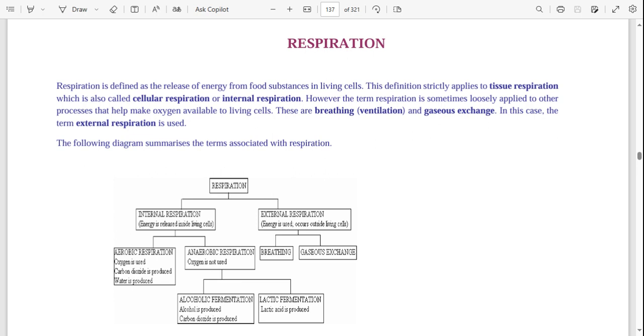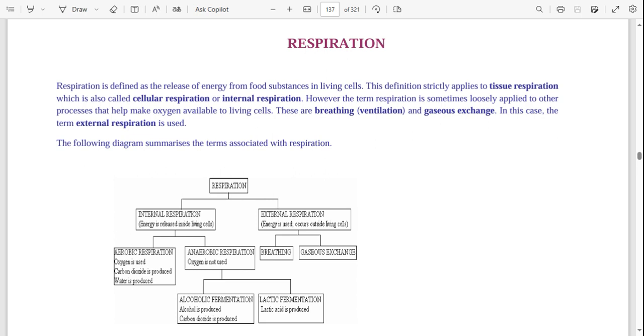In internal respiration, aerobic respiration is the kind of respiration that depends on oxygen, and anaerobic means no oxygen, so this one involves no oxygen.